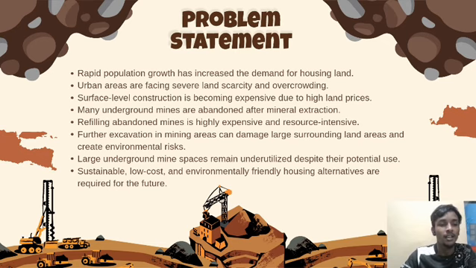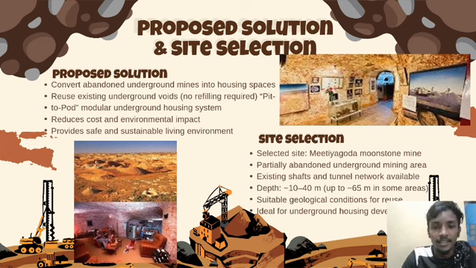At the same time, many underground mines are left abandoned, which is expensive and resource inefficient, and digging new space damages more land. So we have large unused underground voids while we need affordable housing. That's the gap we want to fill. Let's move to the next slide.